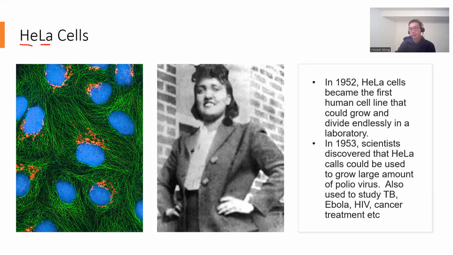She had cervical cancer at the time. The doctor took a biopsy, a little sample from her cervical cancer tumor, and they were examining the cells under the microscope. They found out the cells were able to continue to divide in the petri dish. As long as you give them nutrients, they're able to divide and divide and divide, and so they keep on growing this thing.